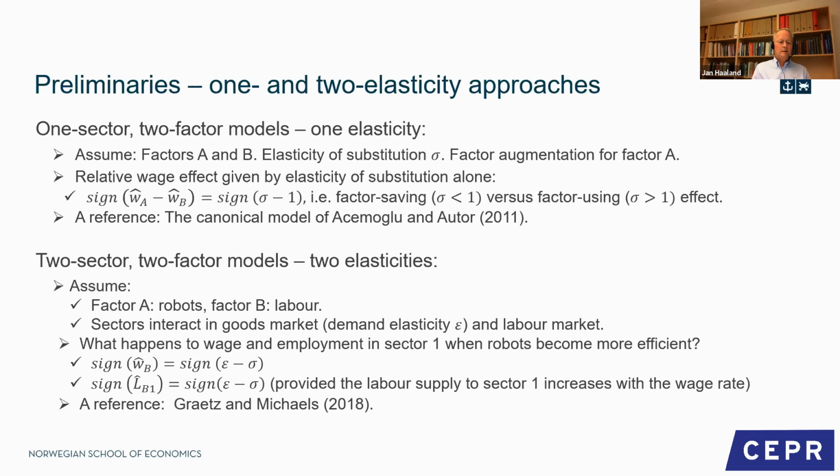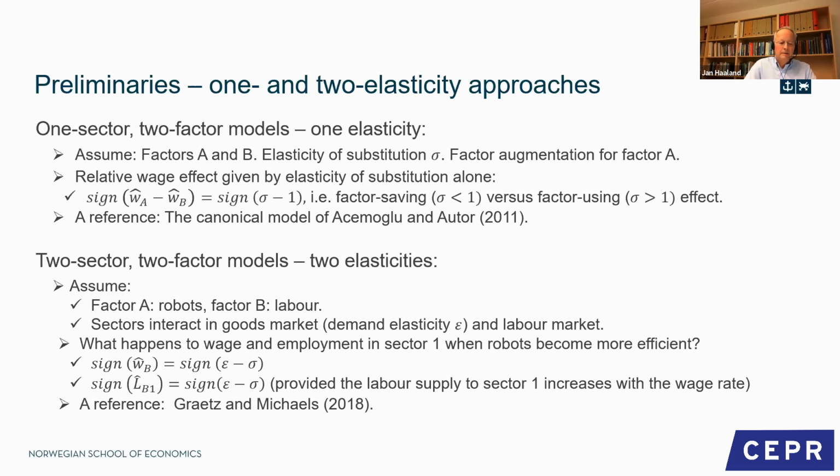So if you look at an example where one of the factors is robots and the other one labor, then if robots become more efficient or cheaper, as some of the literature studies, there'll be a job destroying substitution effect, less use of labor because robots are more efficient, but there'll be a job creating demand effect if the cost reduction implies more demand.